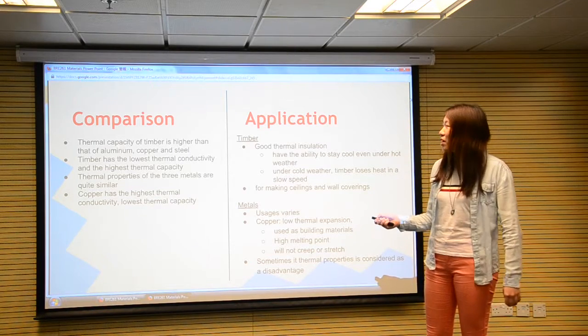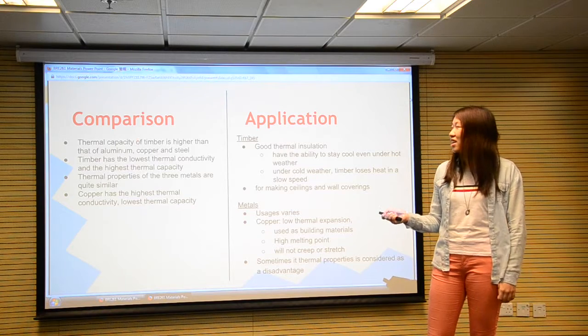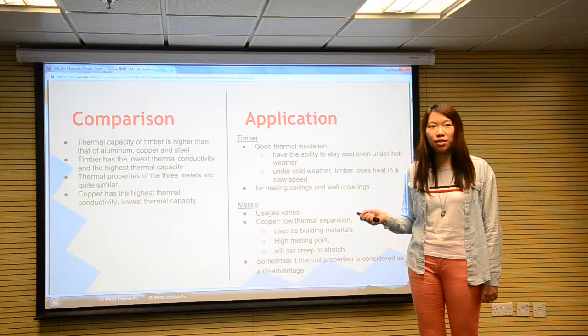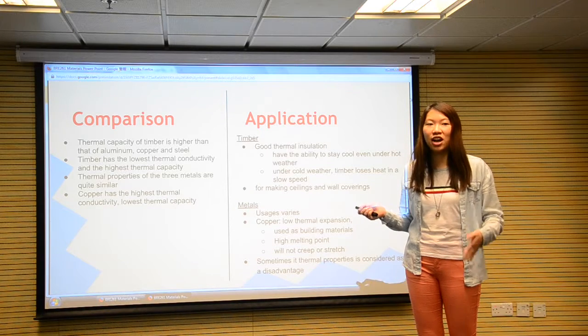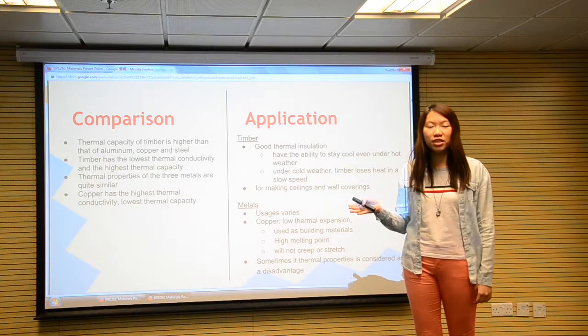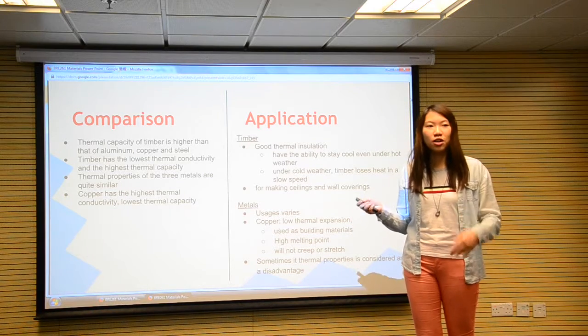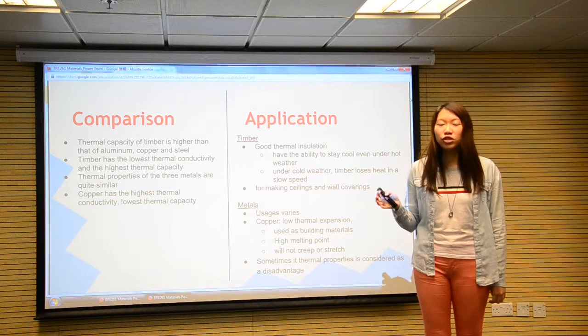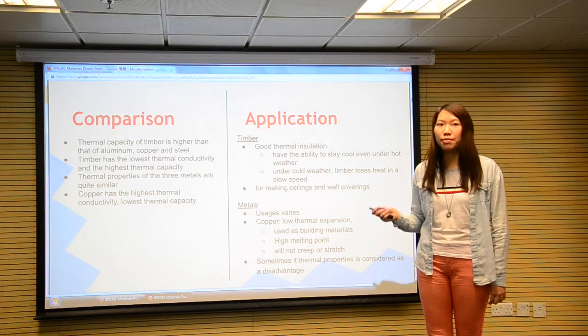We see that the thermal capacity of timber is higher than that of aluminium, copper, and steel. Timber has the lowest thermal conductivity as well as the highest thermal capacity. The thermal properties of the three metals are quite similar, while copper has the highest thermal conductivity and the lowest thermal capacity, which is exactly the contrary of timber.